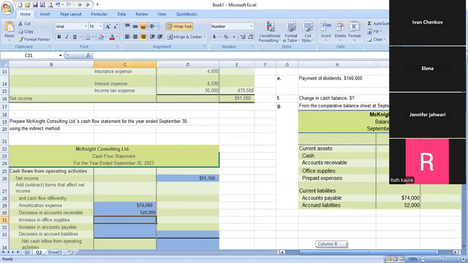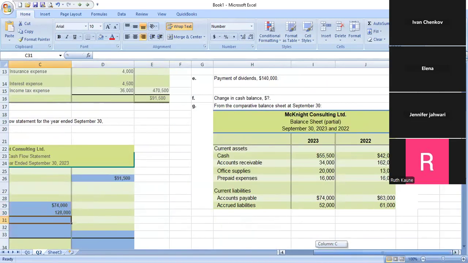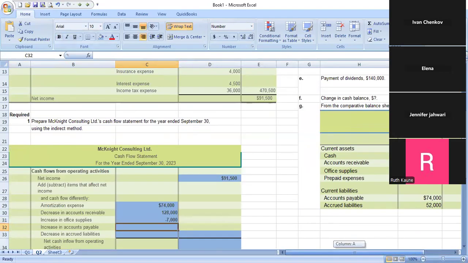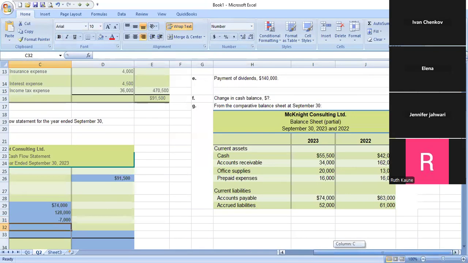Next one, office supplies, equal beginning balance minus ending balance. Boom, done. Next one, we have prepaid expenses. On the prepaid expenses, the balance is the same, so there are no changes in the prepaid expenses, so I don't have to worry about them.